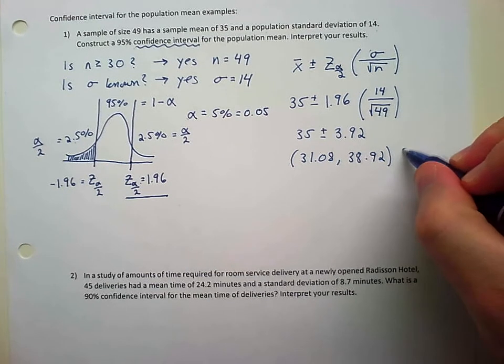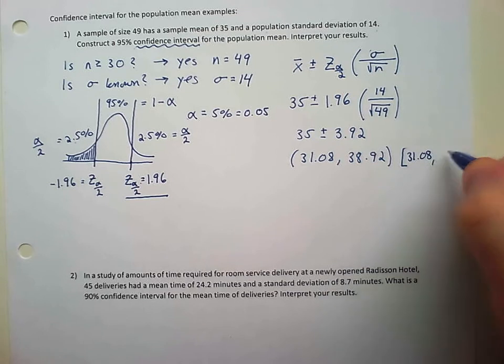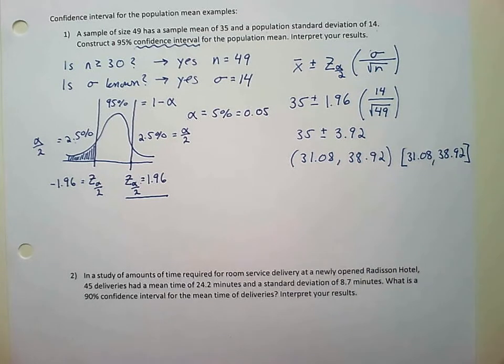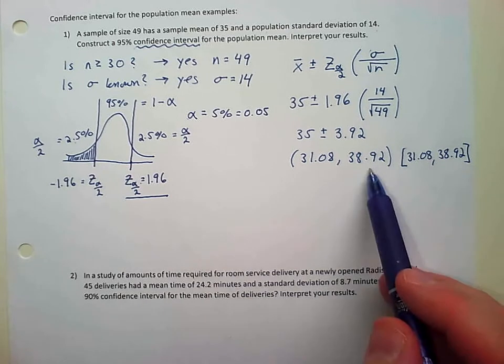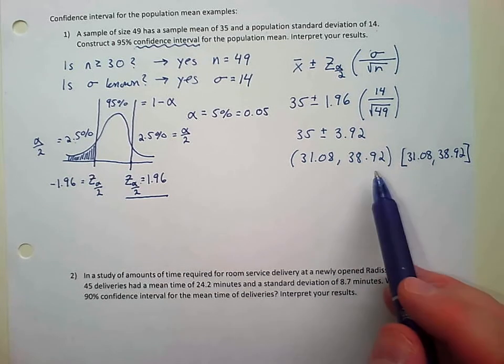The second thing is this. Sometimes you'll see this as 31.08 to 38.92, but with the square brackets instead of the round brackets or parentheses. Now, technically speaking, both of these are correct statements.